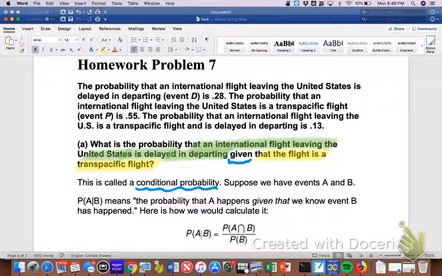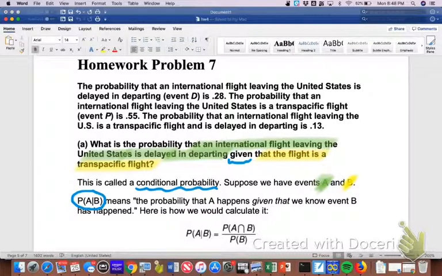In this case, we have two events. We have event A, and I'm going to color code event A in green, because A represents the international flight leaving the United States delayed in departing, and event B is that the flight is a trans-Pacific flight, which I've already color-coded in yellow. Conditional probability is represented with this little symbol right here.